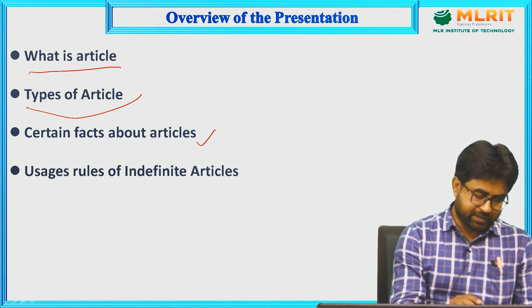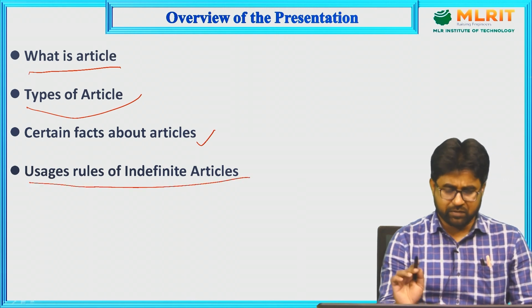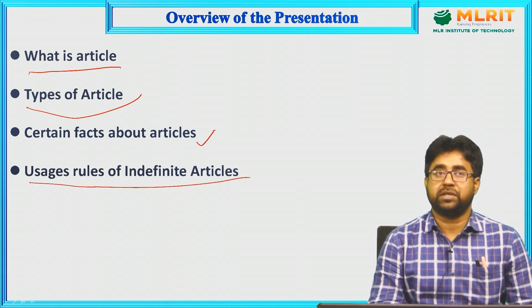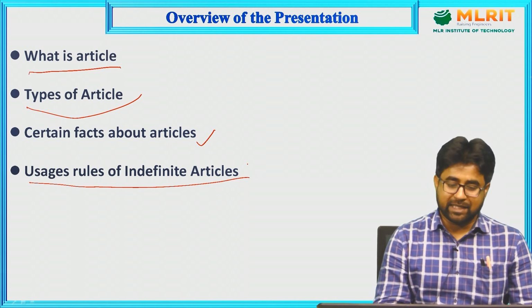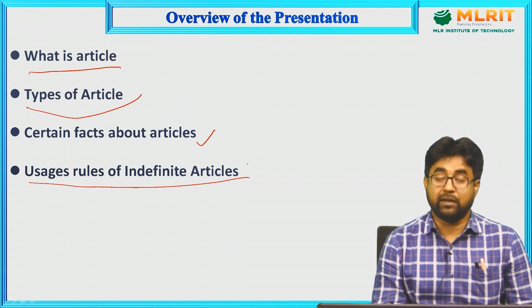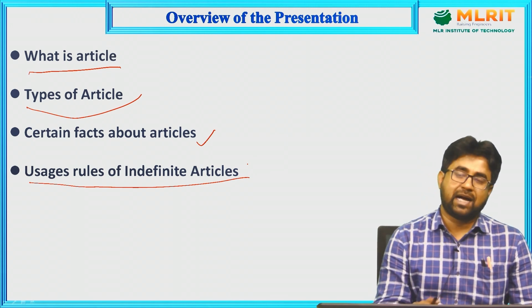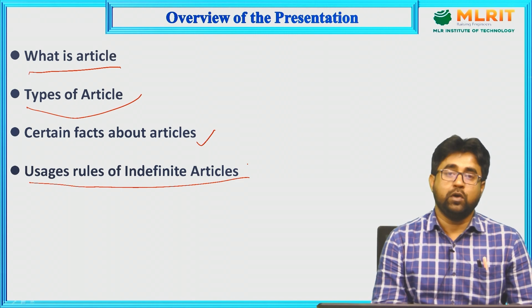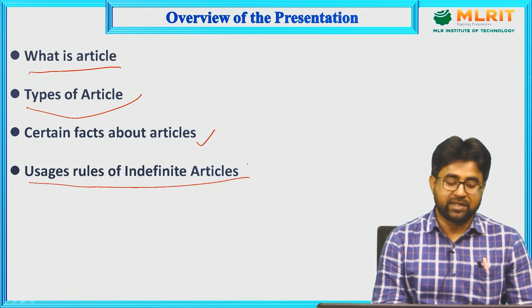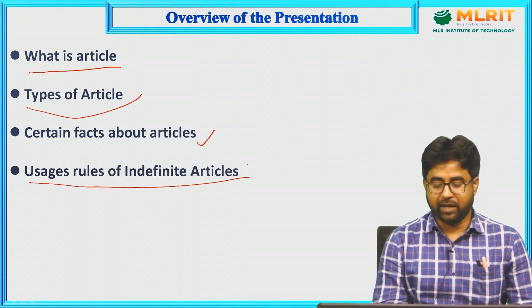And the next and last part of the presentation would be the most important one, that is usage rules of indefinite articles. As today's topic is indefinite articles, in the last part I will be talking about in which cases, in which instances we are supposed to use indefinite articles.